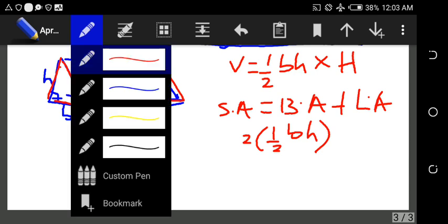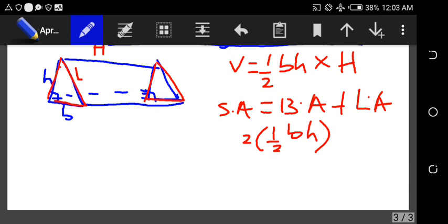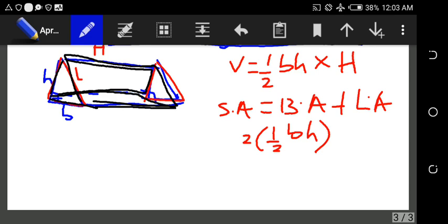So we still need to find the area of this part, that is 1. Then the other side, that's 2. And then of course the area of the rectangular base, the one on the floor, that's the third one. We need to find the area of those 3 sides.